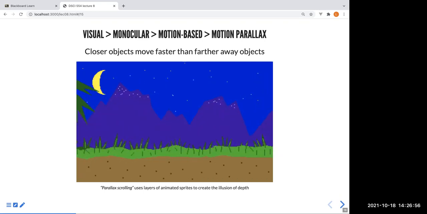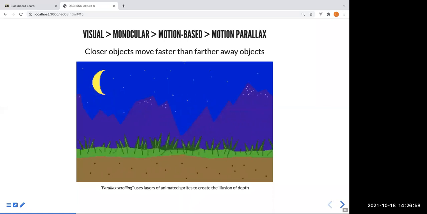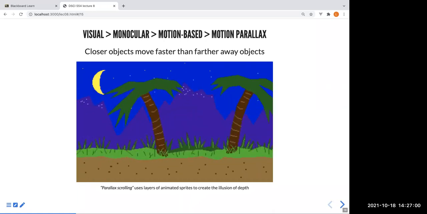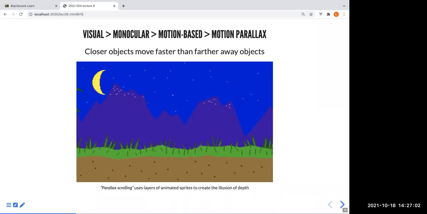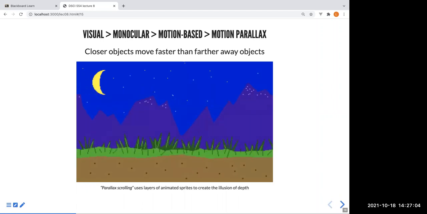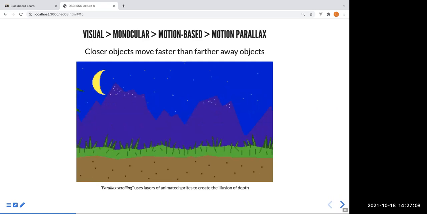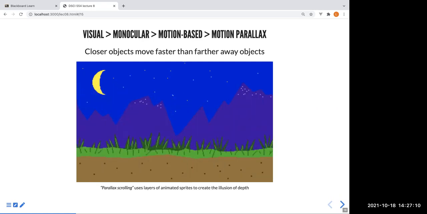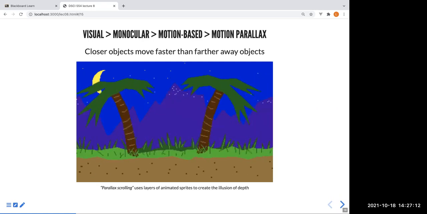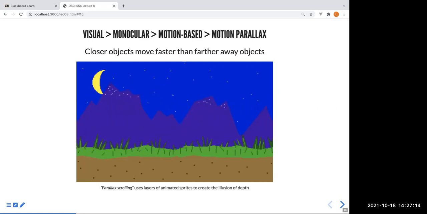And then you get this parallax effect that creates the impression of a 3D scene. Things that are very far away, again, don't move at all. So that's consistent with what we've said earlier.